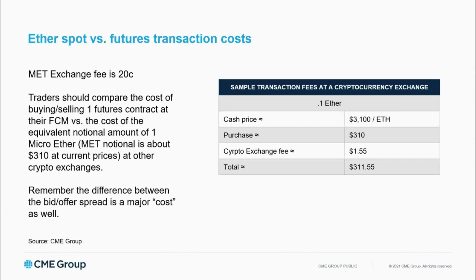So if the cash is trading at $3,100 and you wanted to buy the equivalent of micro Ether, which would be 310, the crypto exchange fee you're looking at is $1.55. So it's 20 cents on our exchange versus $1.55 potentially on a crypto exchange that charges a half point percent. So you're looking at $311.55 in transaction. So there is a difference between our pricing versus the cash side.